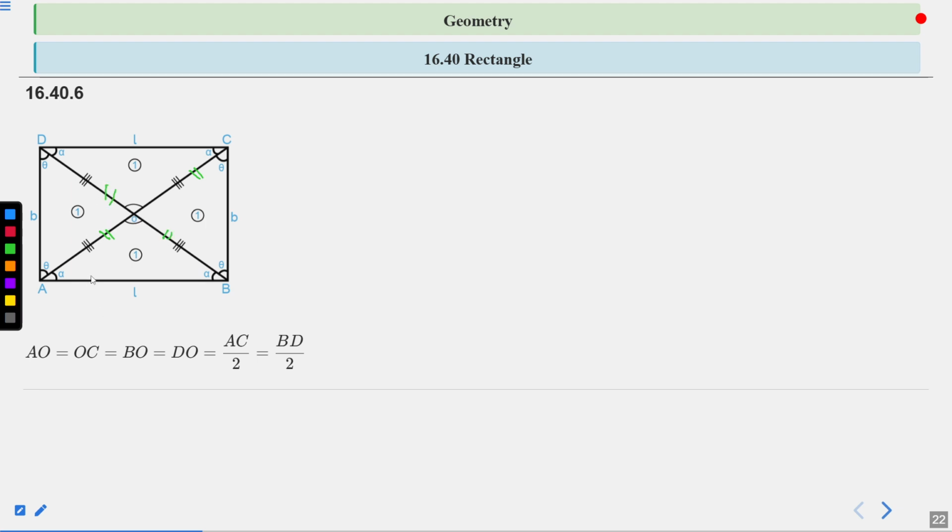Why? Because the diagonals of the rectangle are equal and they bisect each other. So all are equal to each other. So AO equals OC equals BO equals DO equals AC by 2 or BD by 2. Next one.